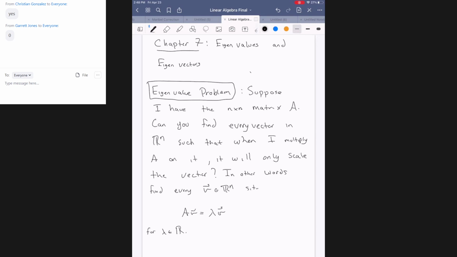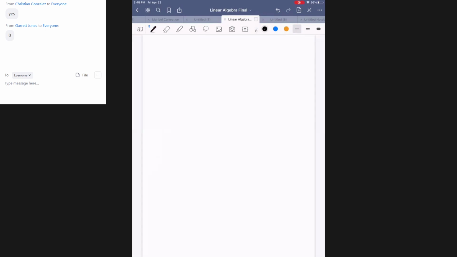Let me add one more restriction. Let's just say V is not 0, because if it's 0, then obviously everything is a scalar multiple of it. So the 0 vector doesn't count; let's just find everything that's non-trivial. So the answer becomes this.